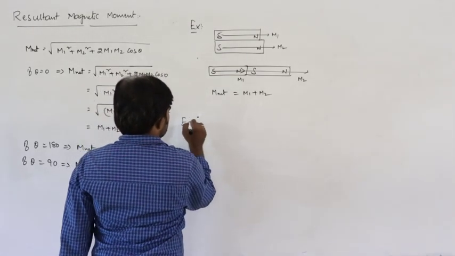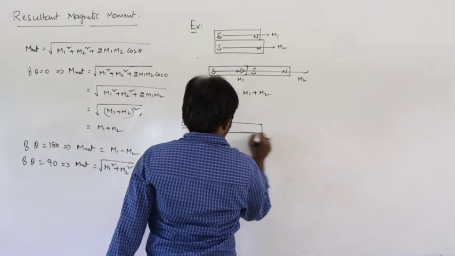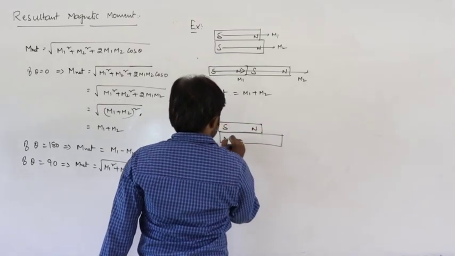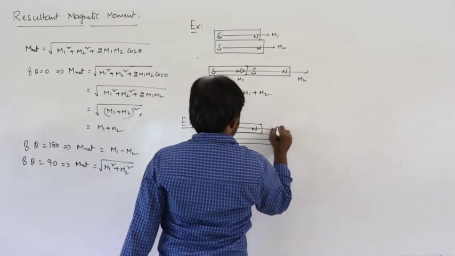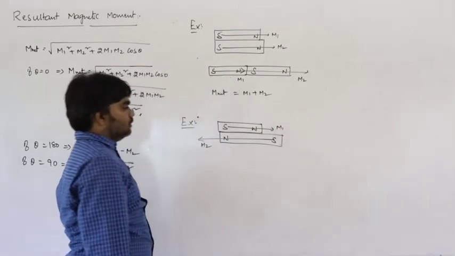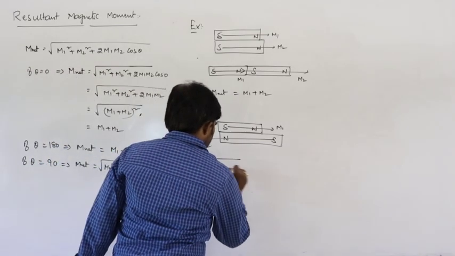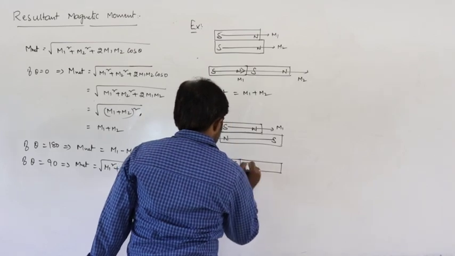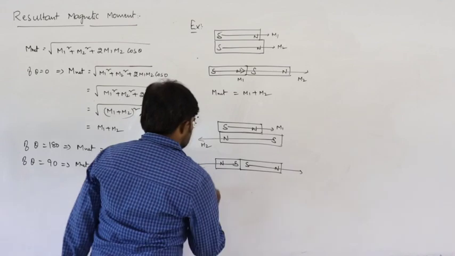Second situation, both are in opposite direction. This is South pole, North pole and this is North pole, South pole. This is m2 and this is m1, let us say. Both are in opposite direction, or the arrangement also will be like that, south north, like this and like this.